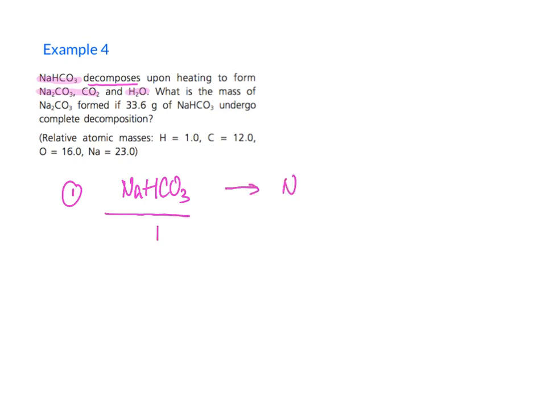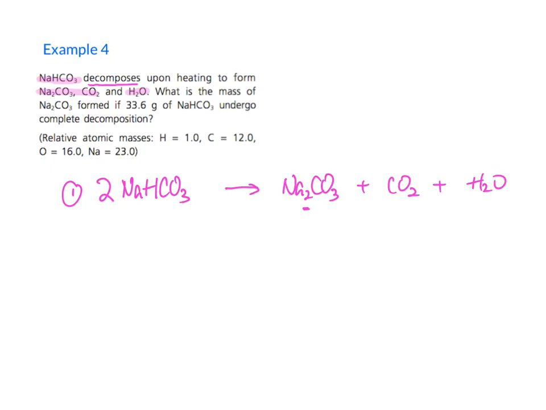While the other side, you have sodium carbonate, carbon dioxide, and water. Because we have two sodium there, this one has to be multiplied by 2. After you multiply by 2, the whole equation will be balanced.